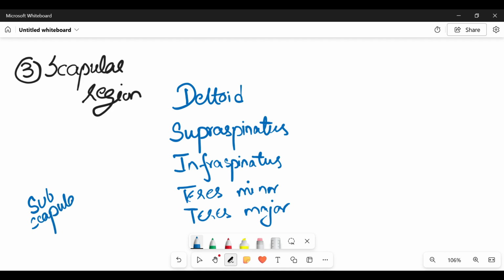Out of these, the axillary nerve supplies the deltoid, and teres minor is also supplied by the axillary nerve. Supraspinatus and infraspinatus both are supplied by the suprascapular nerve.